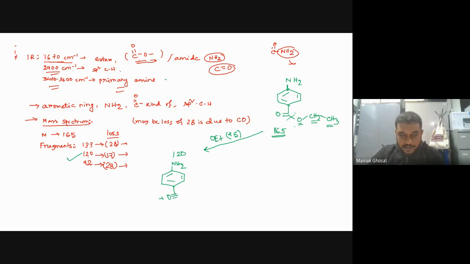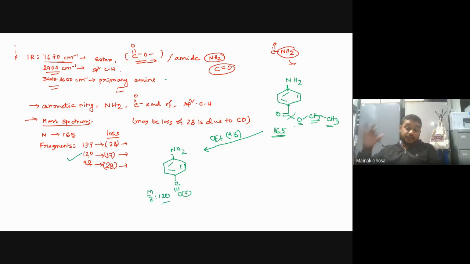If the oxygen lone pair is there, then plus charge. I should draw the structure properly. So one mass peak that is present in the molecule is matched here. This peak is at m/z of 120.